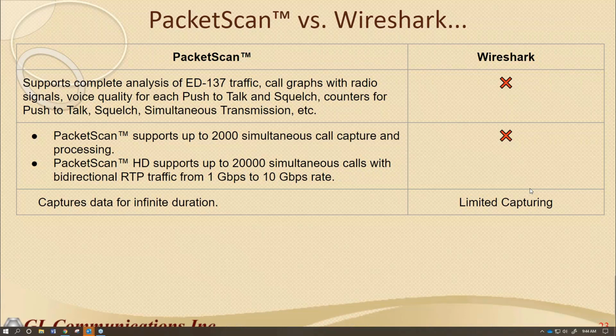Finally, you can capture for an infinite duration. We've set up PacketScan such that it can write to hard disk in a circular buffer and write to memory in a circular buffer, so you can just capture indefinitely.